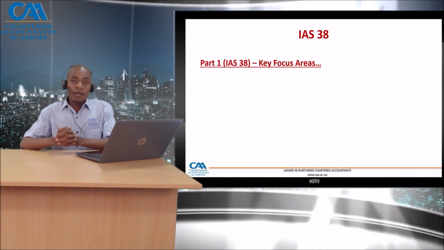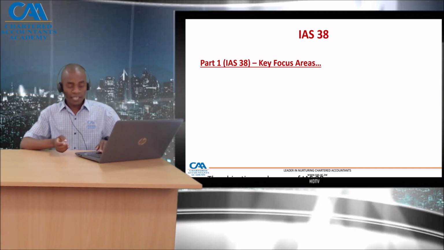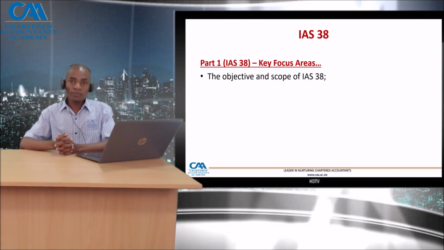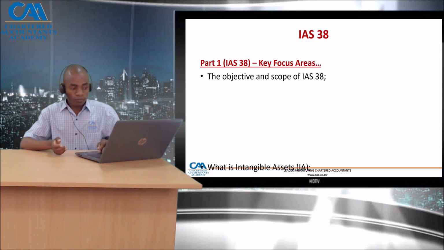Under part 1, we will cover the key focus areas. The first is the objective of IAS 38. We are going to explain what International Accounting Standard number 38 seeks to achieve, as well as the scope, those areas where the accounting requirements of IAS 38 will be applicable.